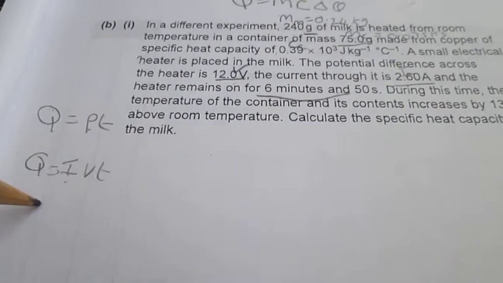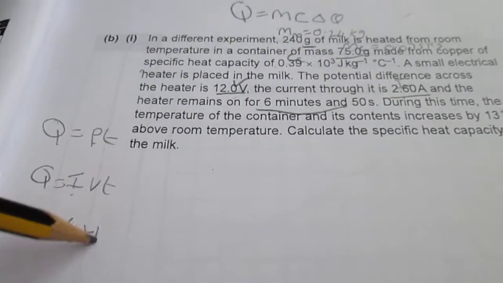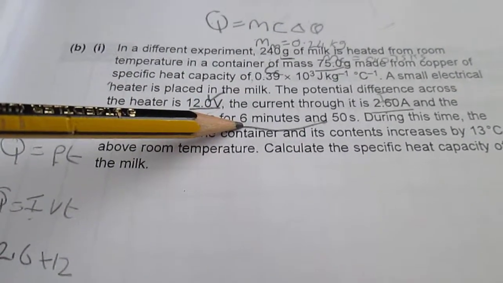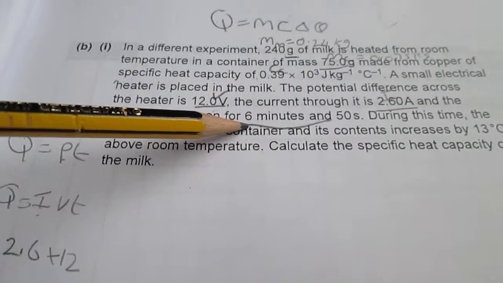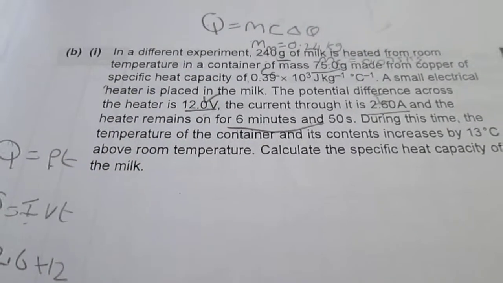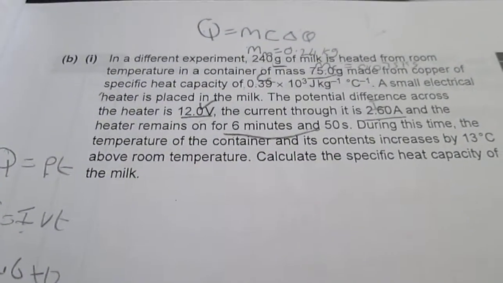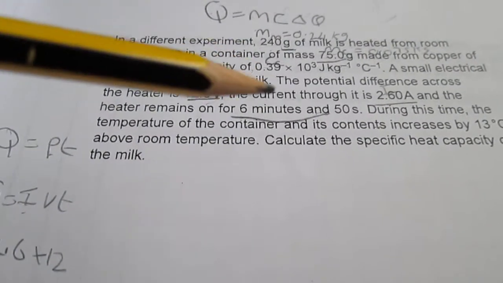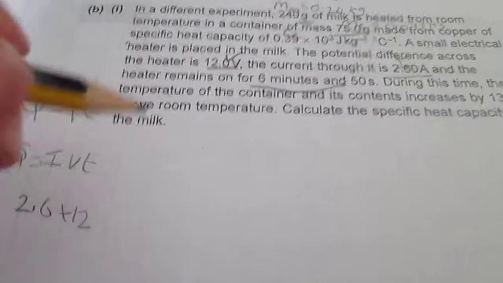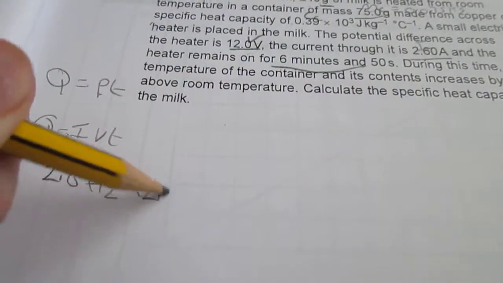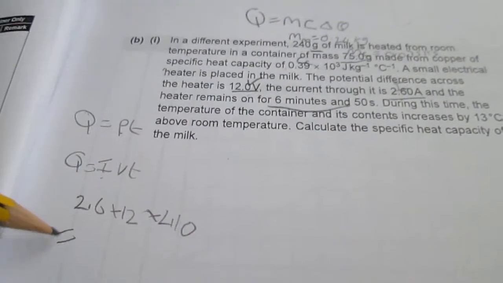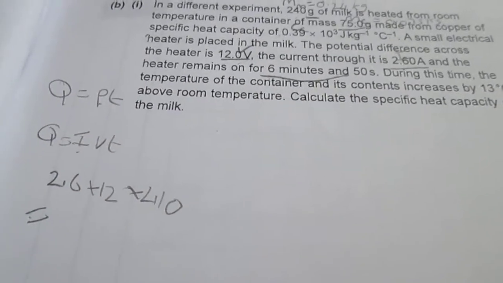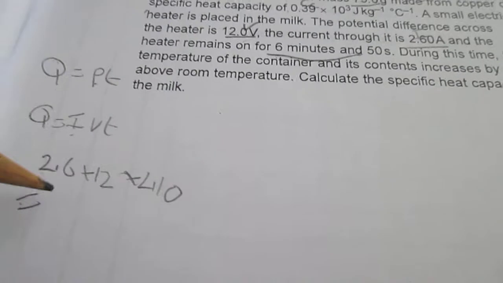So 2.6 multiplied by 12. Now the thing about the time is time has to be in seconds, so you have to convert your 6 minutes into seconds, which is 360, plus the 50, so that's 410. If we multiply them together we'll get the total energy supplied to both the milk and the copper container.